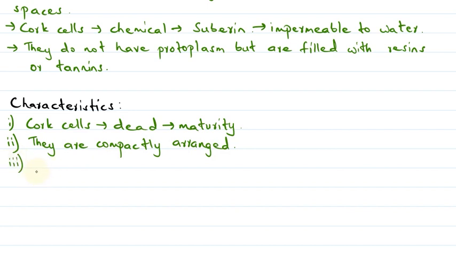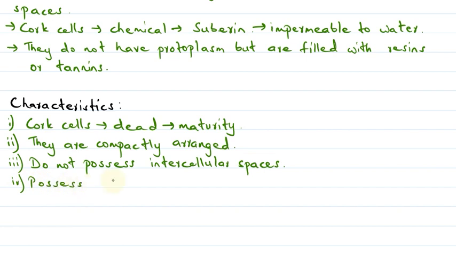These cells do not possess intercellular spaces. Then these cells possess a chemical substance called suberin in their cell walls.